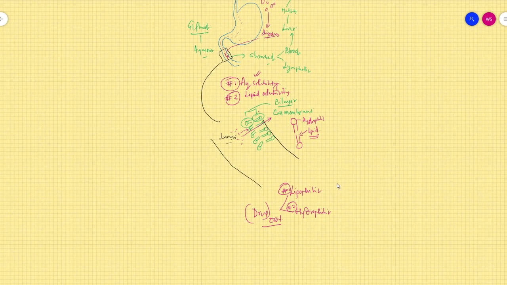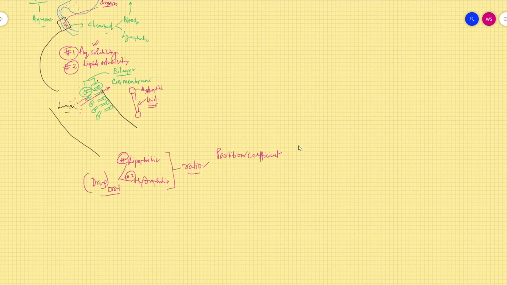The ratio between the lipophilicity and hydrophilicity is called the partition coefficient, and this is represented by the capital letter P.